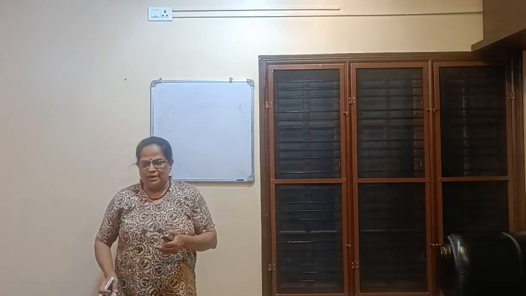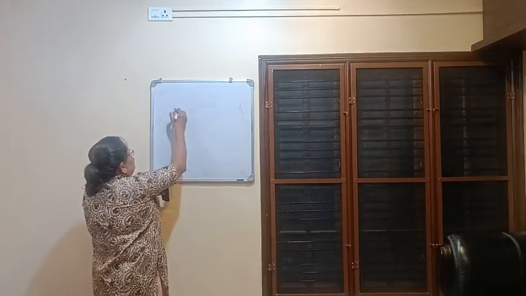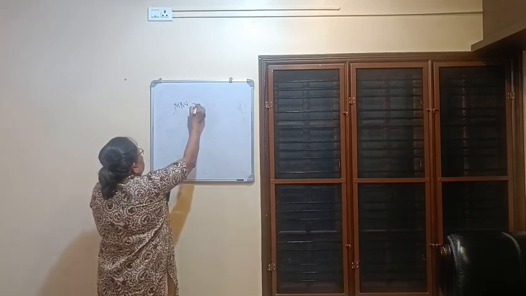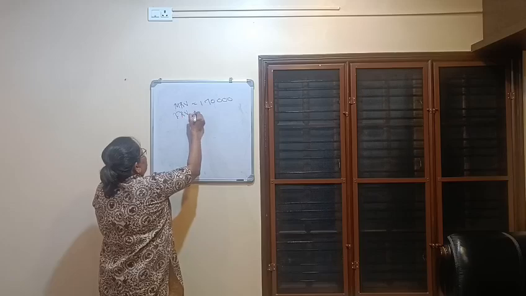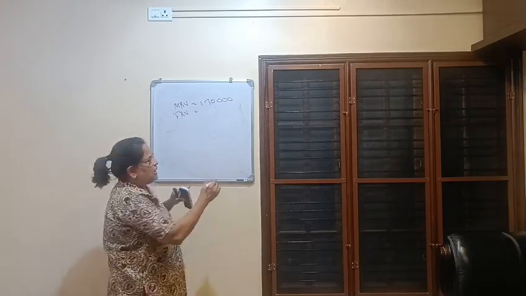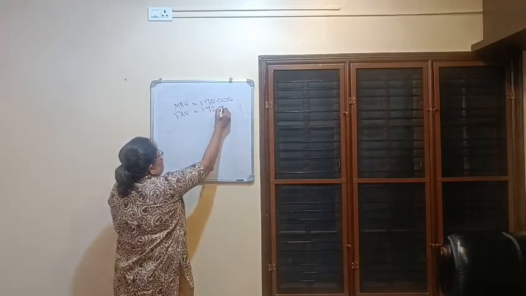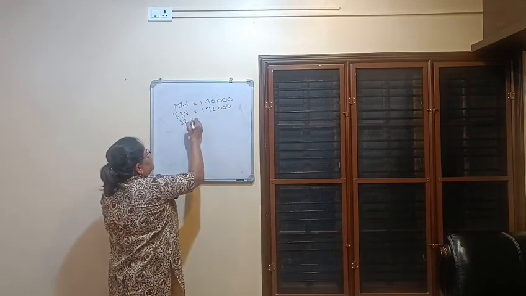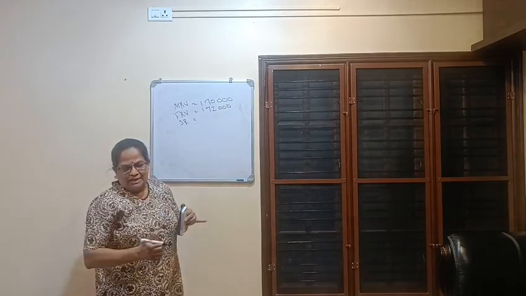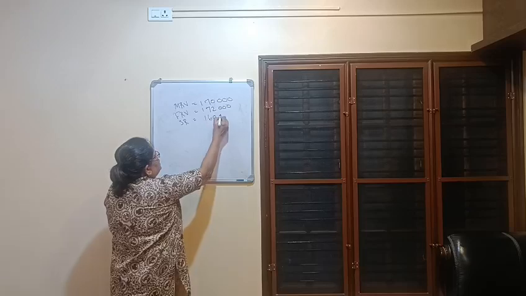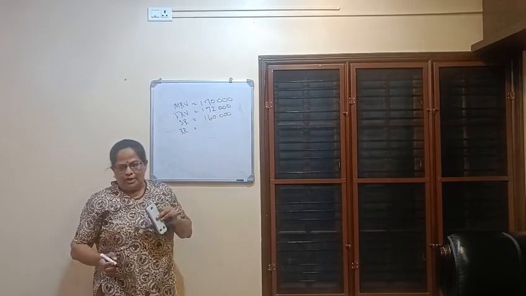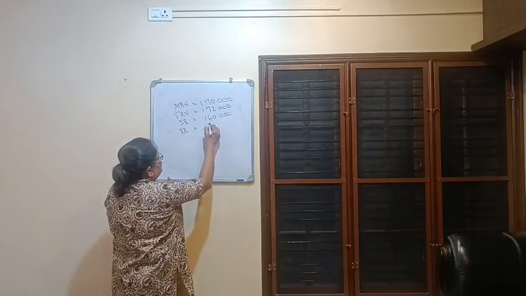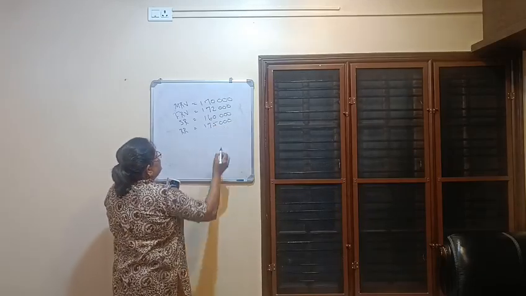First you have to remember, municipal rental value MRV is equal to 1,70,000. FRV is equal to 1,72,000. Standard rent is equal to 1,60,000. Rent received is equal to 1,75,000.